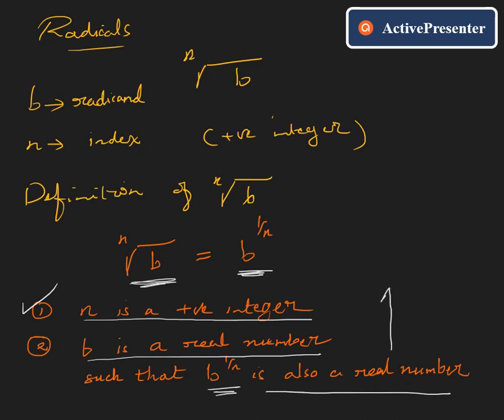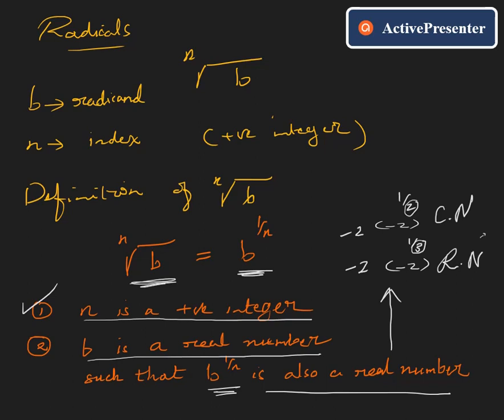For example, minus 2 is a real number. However, if we say minus 2 to the power half, this is a complex number, not a real number. We won't have a case where minus 2 is a real number, of course, and minus 2 to the power, for example, 1 over 3 is a real number, because this is positive odd, as you remember. However, here positive even, so this is not applicable.